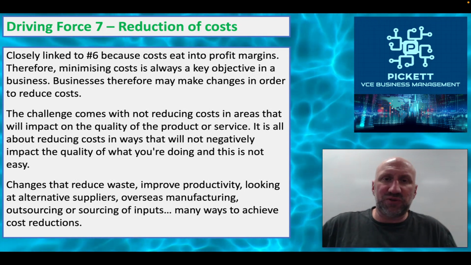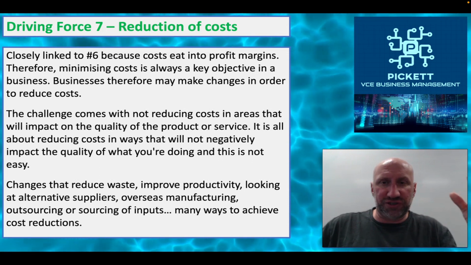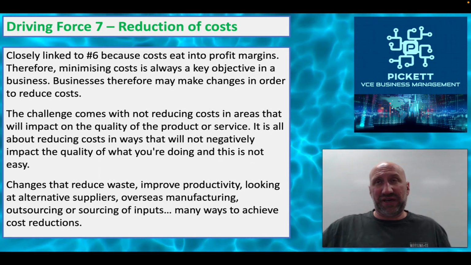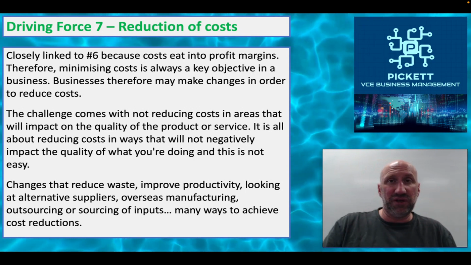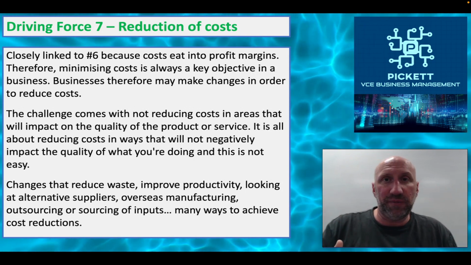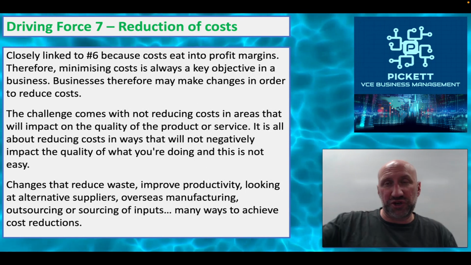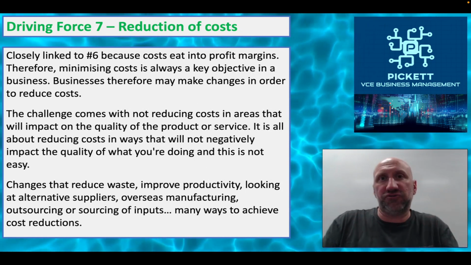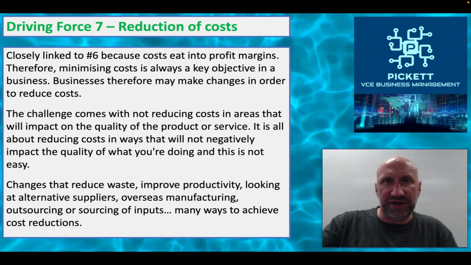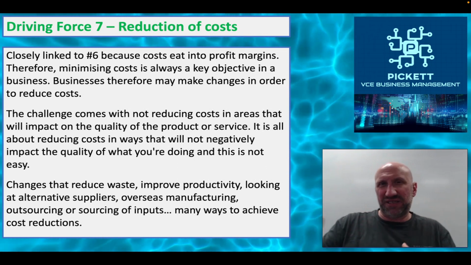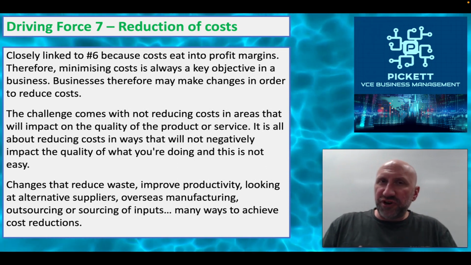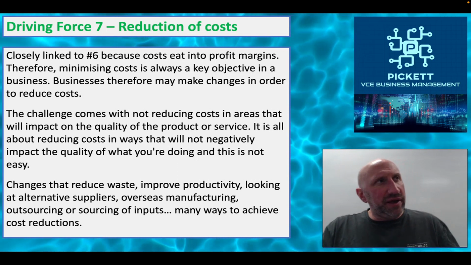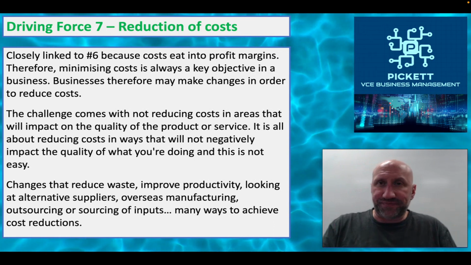Now, the challenge comes with not reducing costs in areas that are going to impact the quality of the product or the service. In business, it's very easy to reduce costs, but can you do that whilst not reducing quality? So think about a restaurant, okay, a high-end restaurant that charges a lot of money for dinner, gets all its ingredients and supplies from high-end producers, which cost money.